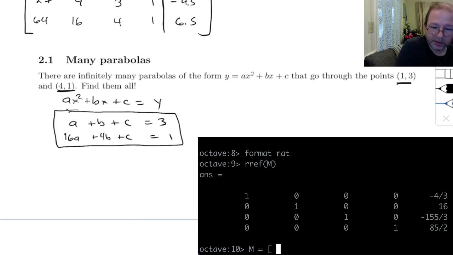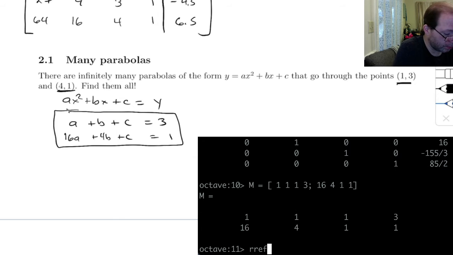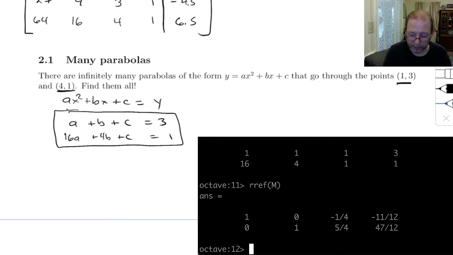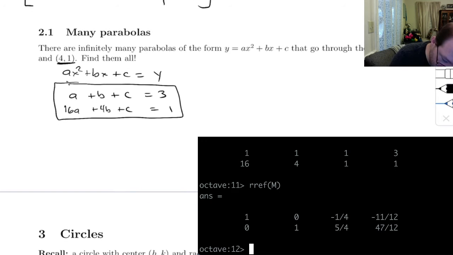All right, so my matrix in this case is 1, 1, 1, 3, and 16, 4, 1, 1. Now, the thing is, we're definitely going to get a free variable here. When we row reduce this, it turns into that.